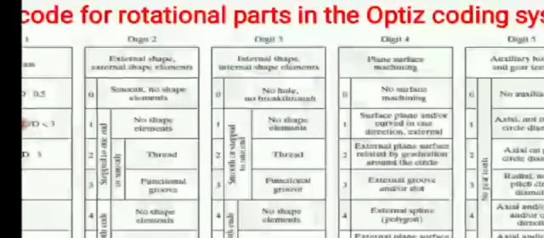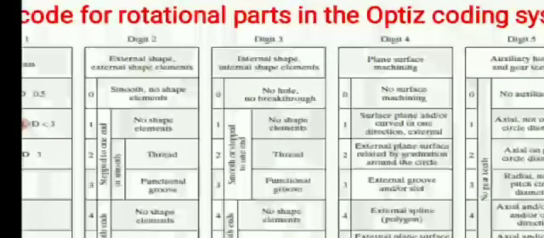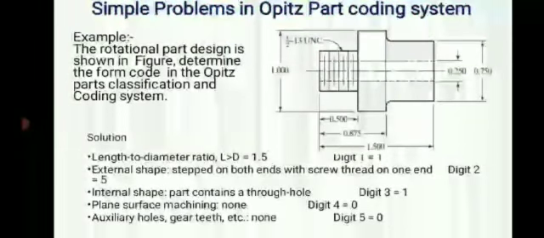The form code 0 mentioned is no hole. The second one is no shape elements. The corresponding value is 1. So the third digit represents 1. Okay. Like this, we have to find the other 2 digits, that is digit 4 and digit 5.